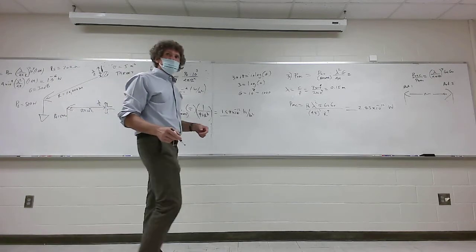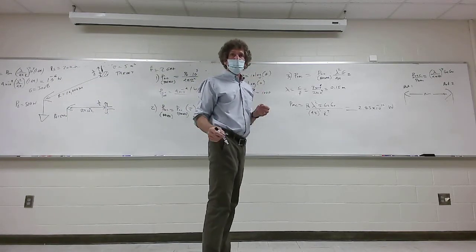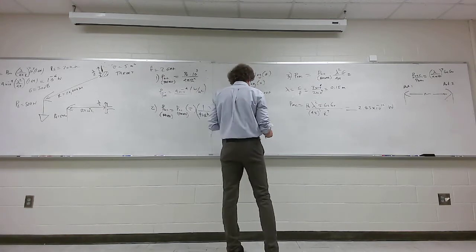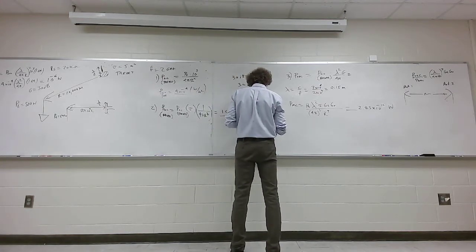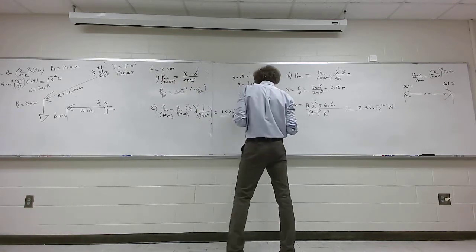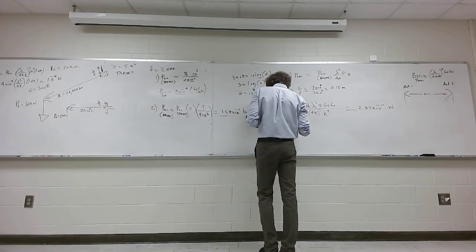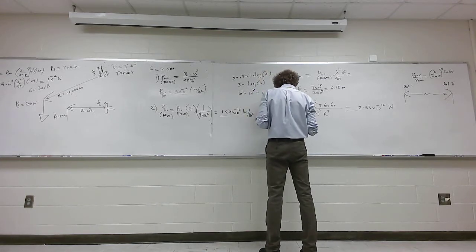Then I asked for the open circuit voltage, correct? Now you're going to use that P received to get it. So V open circuit, and here's where I give you latitude. If you got that right, then V open circuit is simply the square root of P received for that lambda over 2 dipole times 4 times the radiation resistance of the dipole.